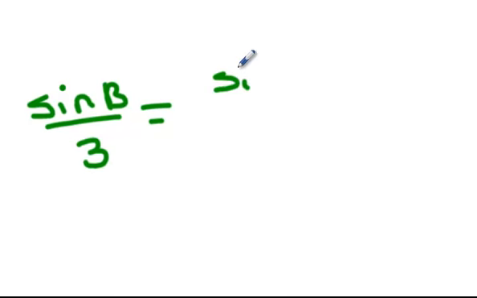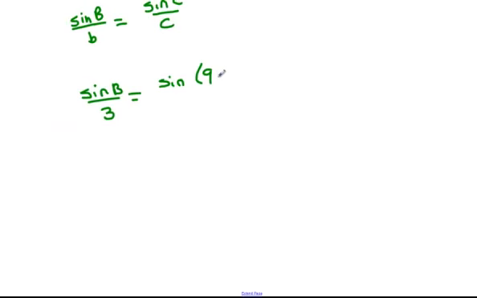It's going to be sine of B divided by 3. That's then going to equal sine of my angle C, which is 98.21, divided by the side C, which is 8.